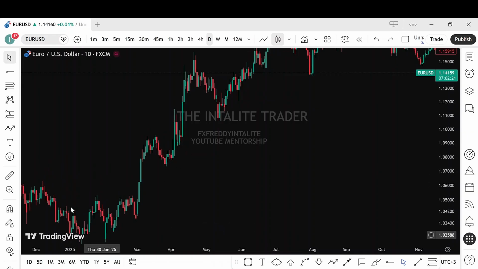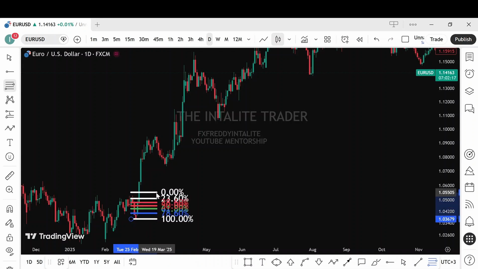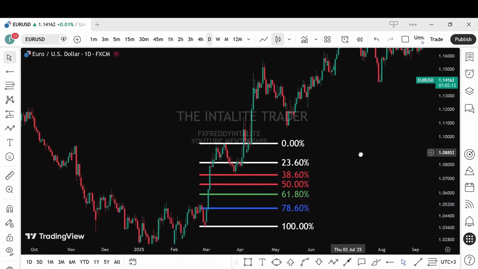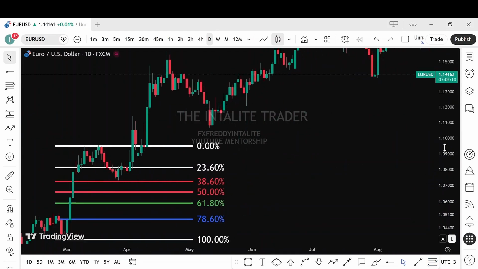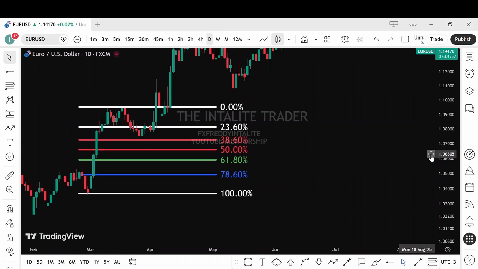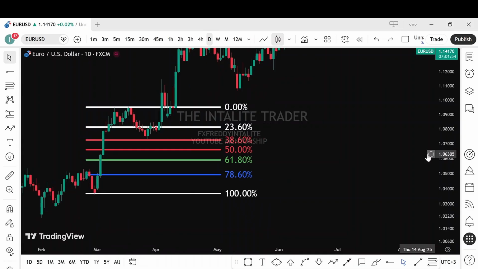So what do you do? You put your tool and place it where the swing low is, and then you put it where the swing high is. When price begins to pull back, once you see a candle color change and price is beginning to pull back like this, your goal is to wait and see what is going to take place.